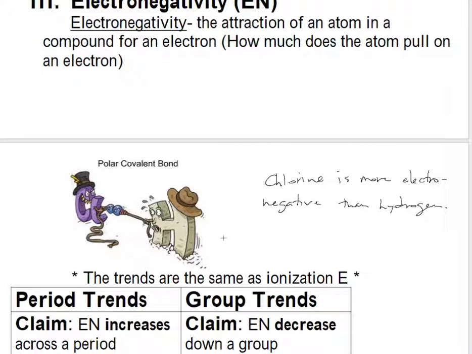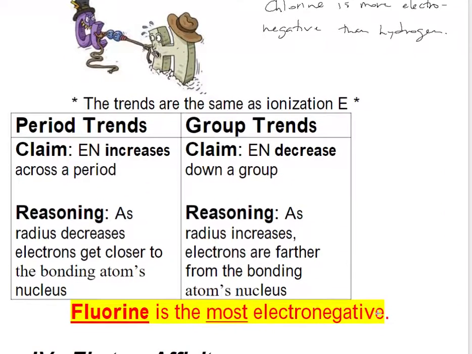The trends down here you'll see are the same as ionization energy. As you go left to right, the electronegativity increases, and as you go down a group, the electronegativity decreases, and it's very similar reasoning. As the radius decreases, electrons get closer to the bonding atom's nucleus, and therefore they're more attracted because the smaller they are, the greater the force, right?